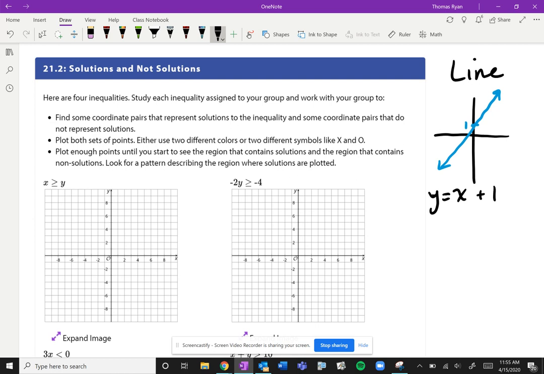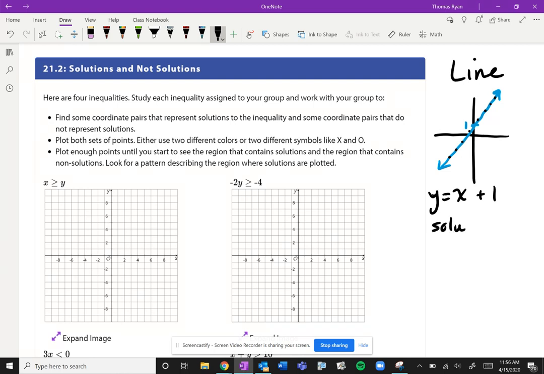And where are the solutions? Where are the numbers that will make this true? Well, the answer is all these points along the line. All of these points that follow the up 1 over 1 slope, when it starts at 1 and follows the line, those are all solutions.